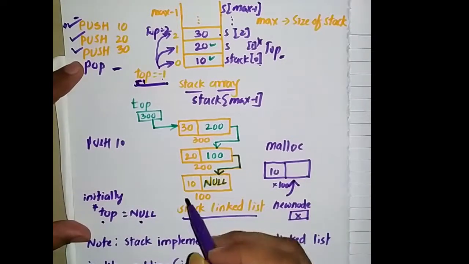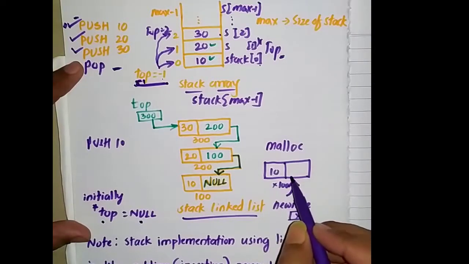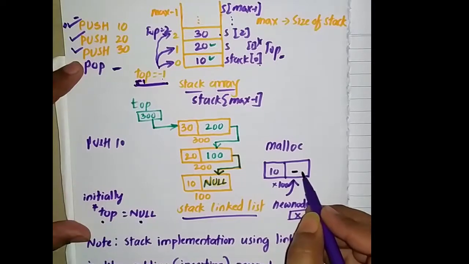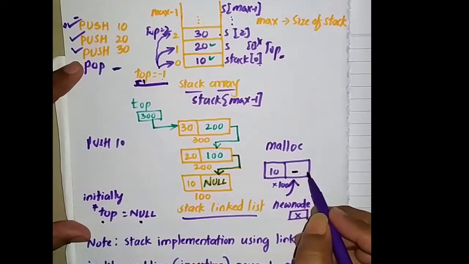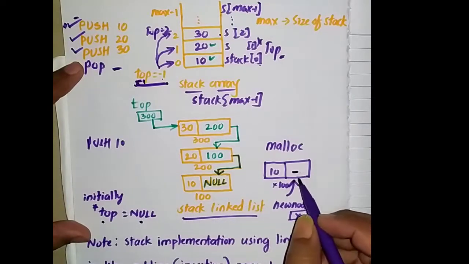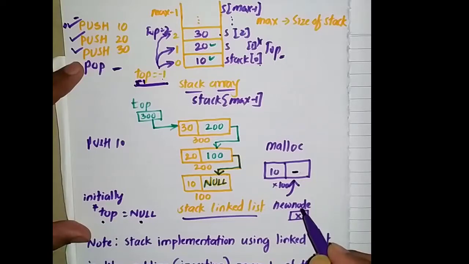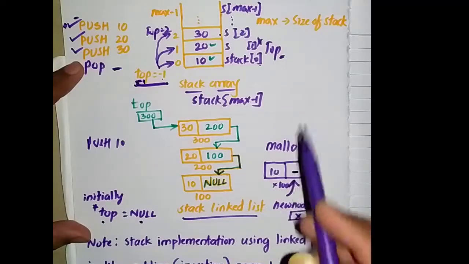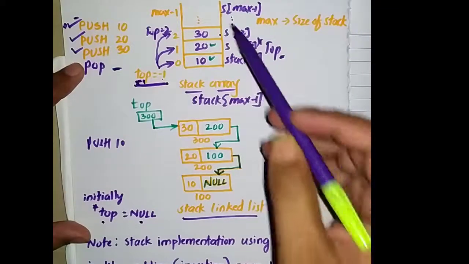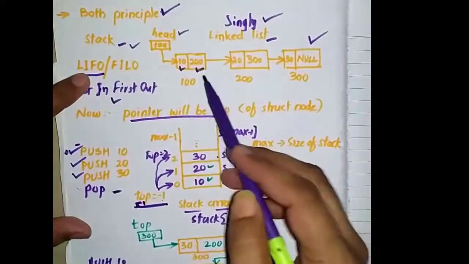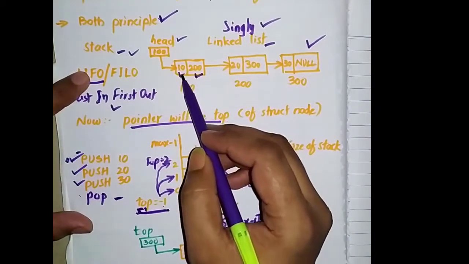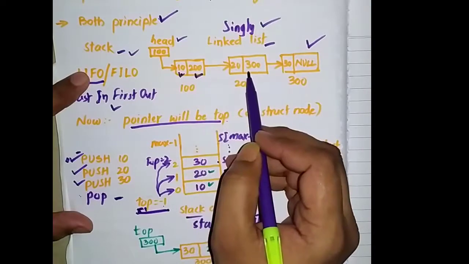Since this is the first data that I am pushing onto the stack, the address here, whatever it is, would be holding the address of the next node, correct? But here in the stack operation it should be holding the address of the previous node. That's the only modification between the singly linked list and the stack implementation using linked list. In the previous example we always considered that in the singly linked list a node holds the data as well as the address of the next node, correct?